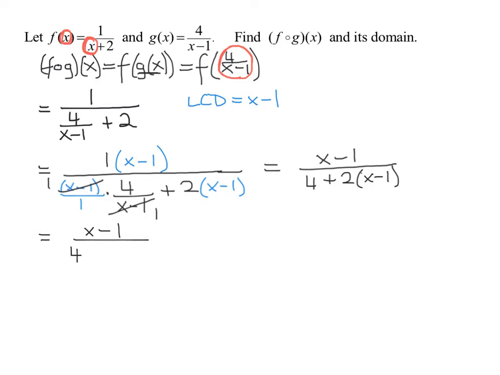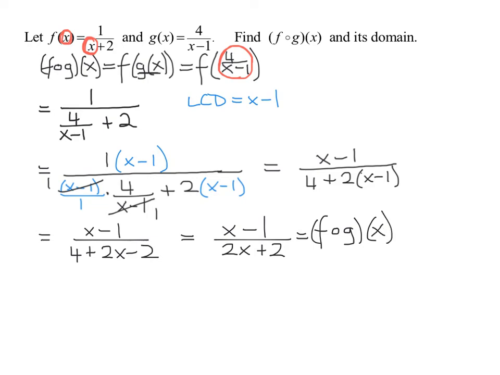So I'm going to get 4 plus 2, distribute the 2 in. 2 times x is 2x, 2 times negative 1 is negative 2. So I'm going to get plus 2x minus 2. So my composition is x minus 1 over 2x, and then 4 minus 2 is 2, 2x plus 2. So that is my composition f composed with g of x.